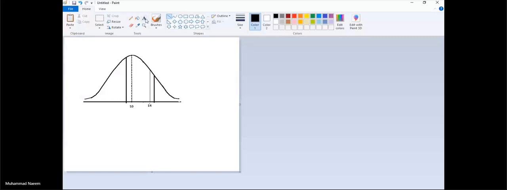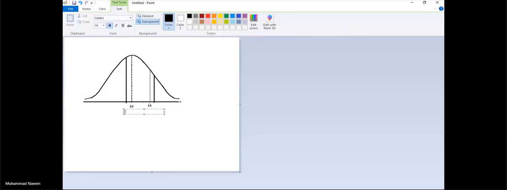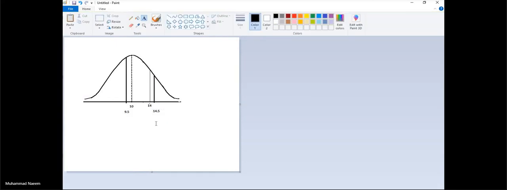These points are now 9.5 and the other point is 14.5. We expand our range a little with 0.5. Left hand point 9.5 and 14.5.